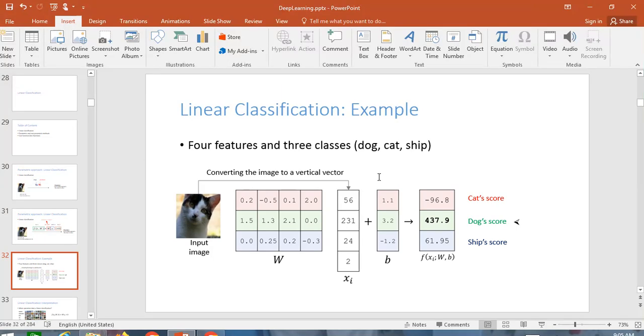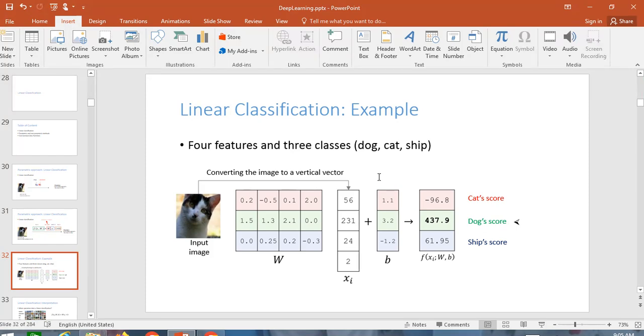Before we learn how to find the W and B, let's see what these are. How is it interpreted? Well, since we have 10 classes, how many rows should this matrix have? 10, because for each we need to find a weight vector. What are the dimensions of these vectors? If the input is 3072, the vector must also be 3072.